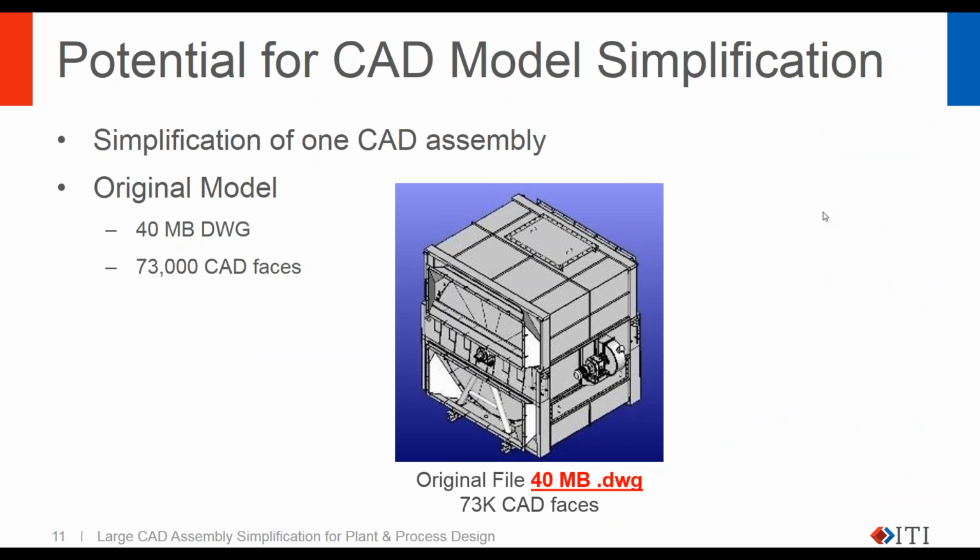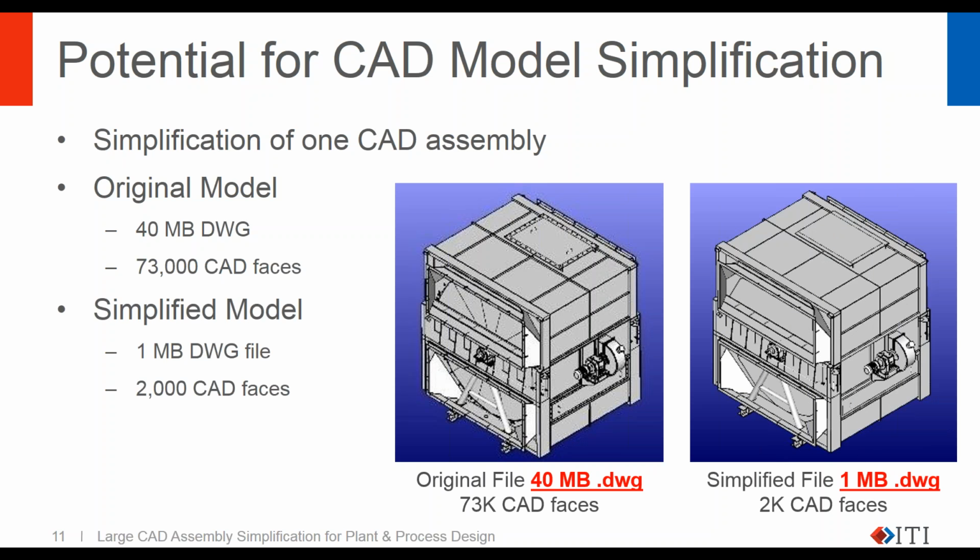This is just one single equipment assembly. It's a tumbler, a mixer, or a drying unit. The original mechanical CAD assembly arrived on the plant designer's desk as a 40 megabyte DWG file with 73,000 CAD faces defined in that file. Here's the simplified model. It looks exactly the same.